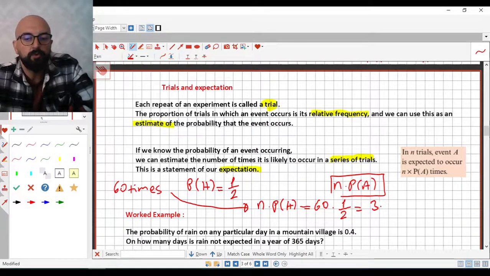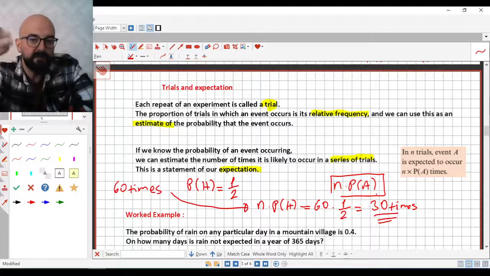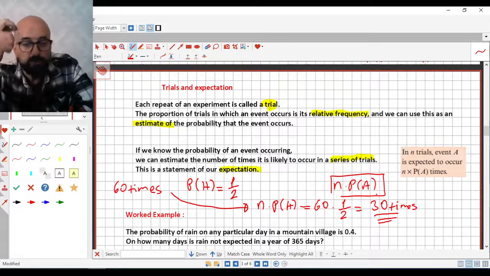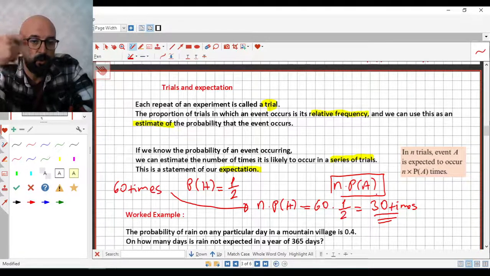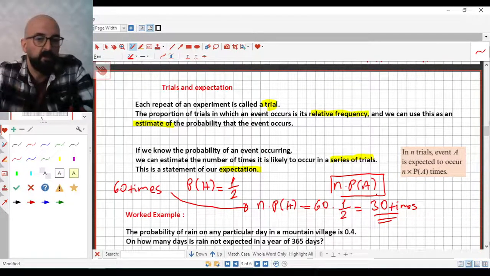You expect 30 times obtaining heads, because you toss the coin 60 times and you expect that 30 times will give the result of heads.